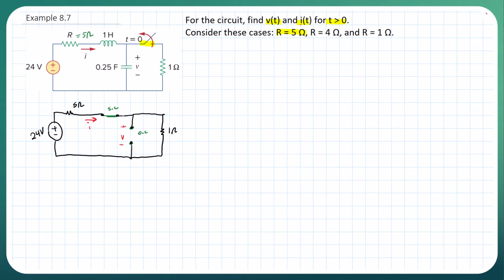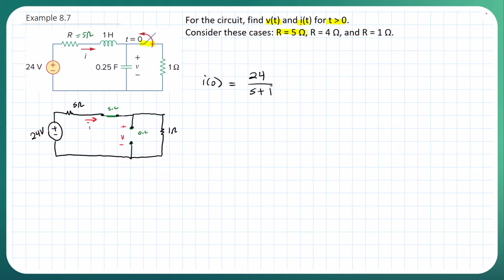Since that's the case, we can determine I naught, our initial value. So I of 0 is going to be our 24 volts over 5 ohms plus 1 ohm.